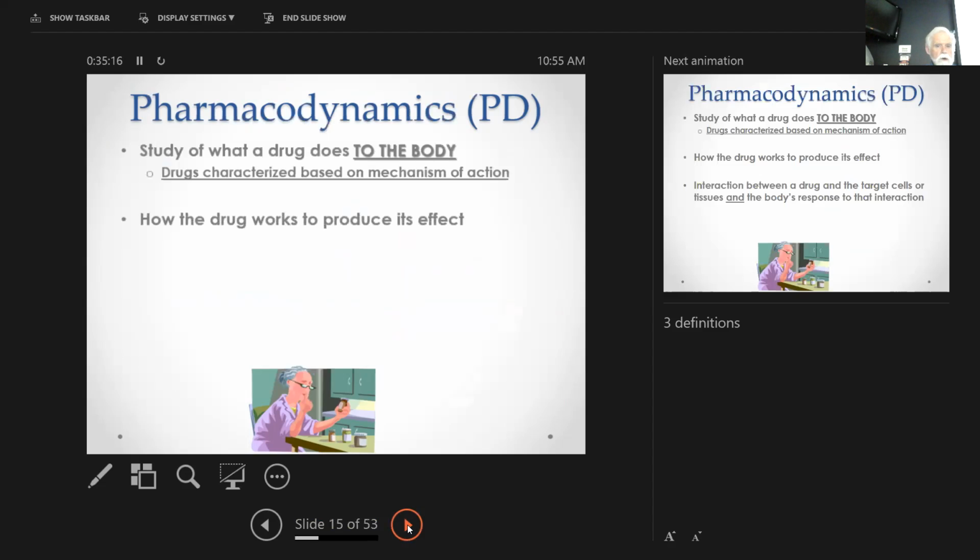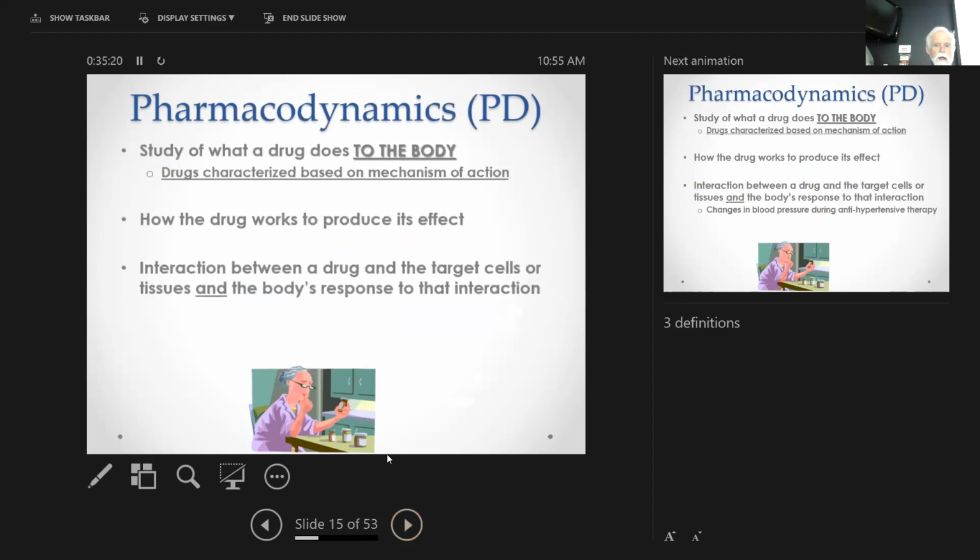Pharmacodynamics looks at how the drug works to produce its effect, and it looks at the interactions between the drugs and the tissues and cells that the body has, where it is, and then the response that happens.